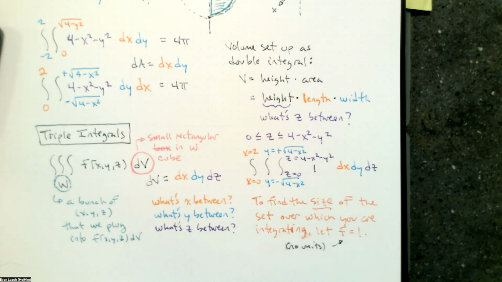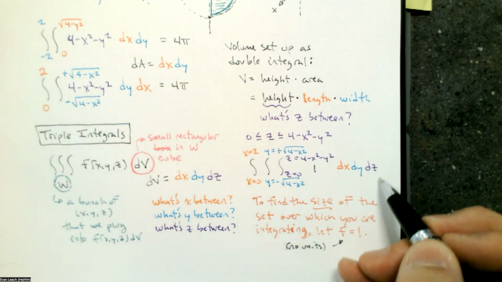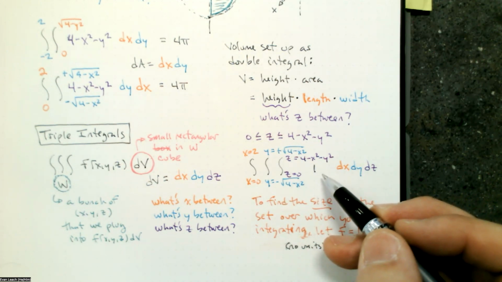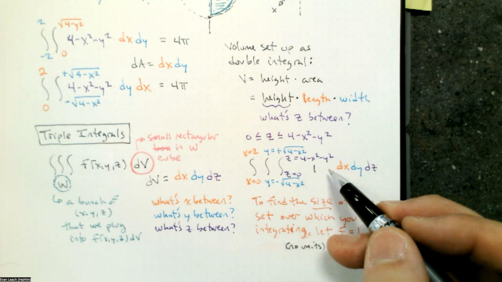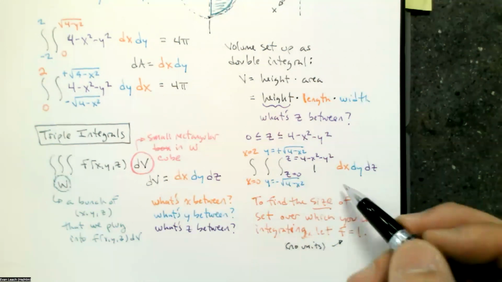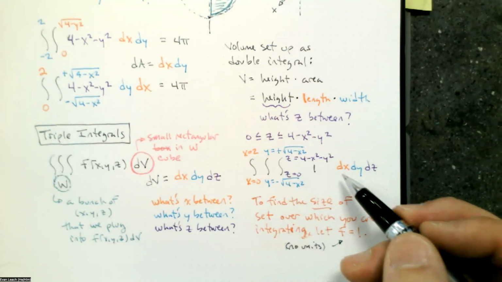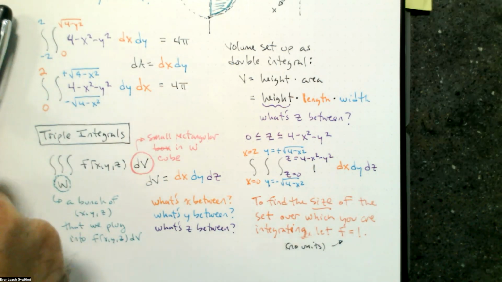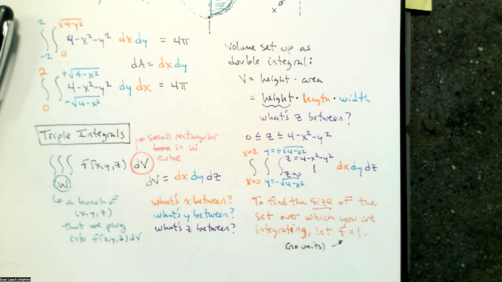In which case, I've got meters from dz, meters from dy, meters from dx, and kilograms per cubic meter from my 1 represented as a density. The cubic meters from my density cancel out my cubic meters from the dV, and I'm left with kilograms.